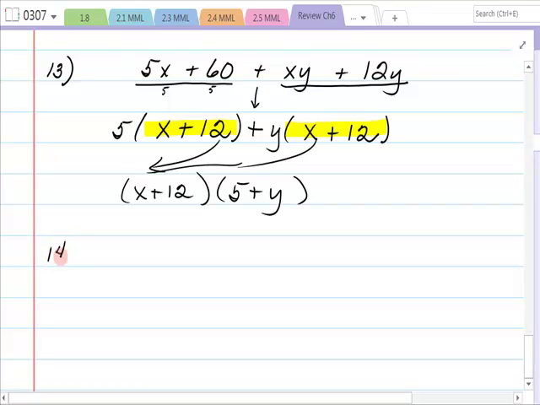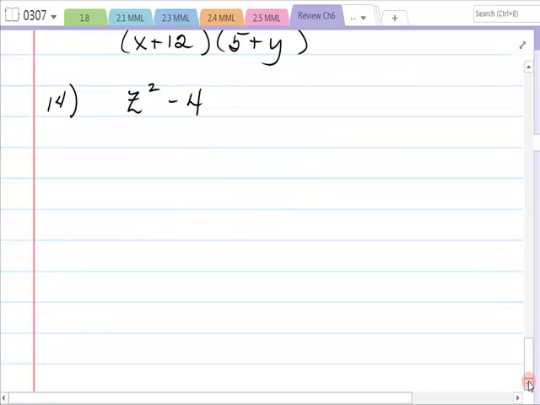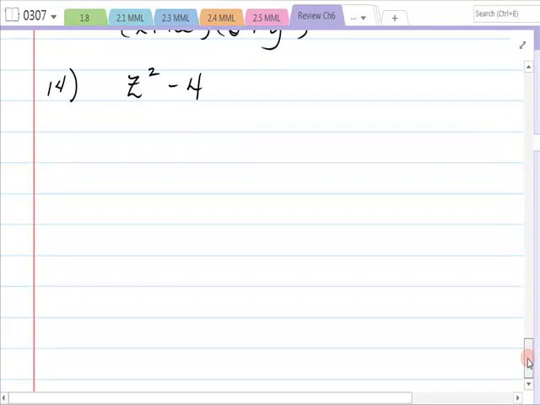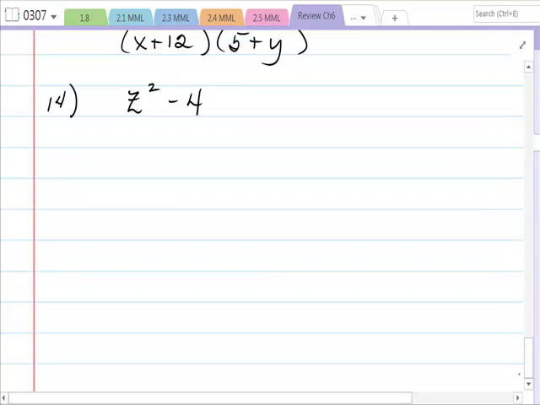All right, let's look at 14. I have z squared minus 4. Is there a common factor? No, it's a binomial. Is it the kind of binomial you know how to factor? Okay, somebody says yes. What kind is it? Difference of squares.